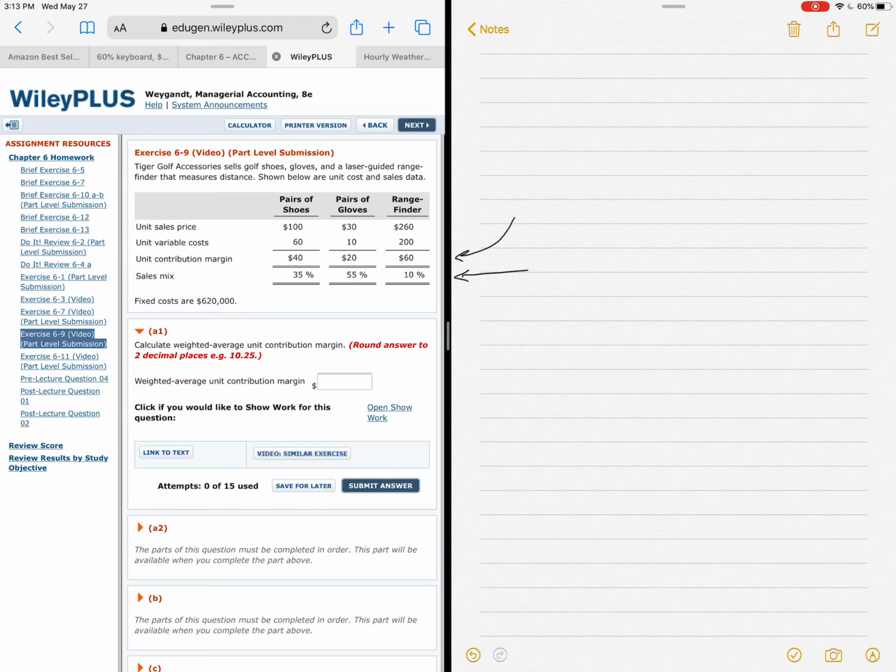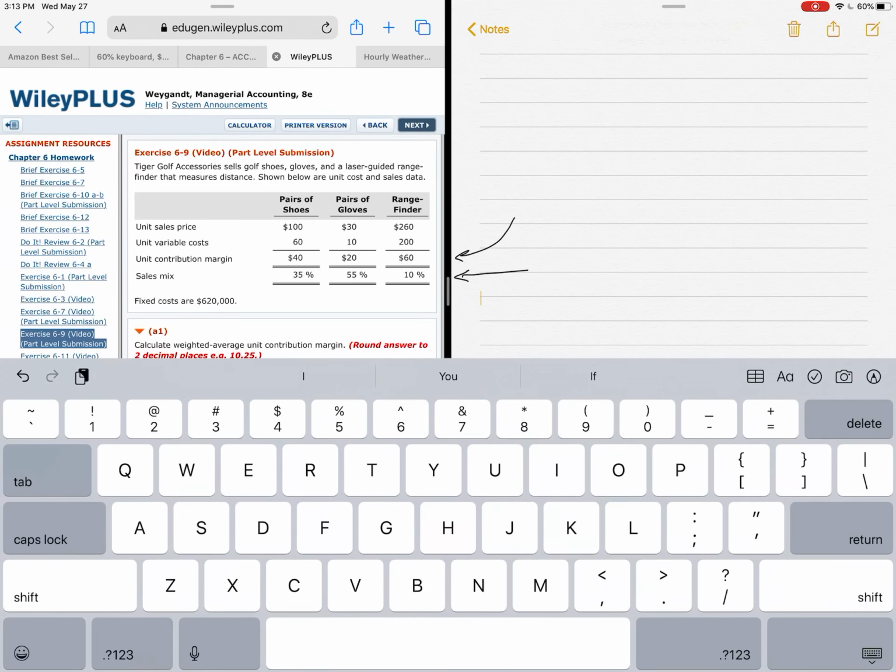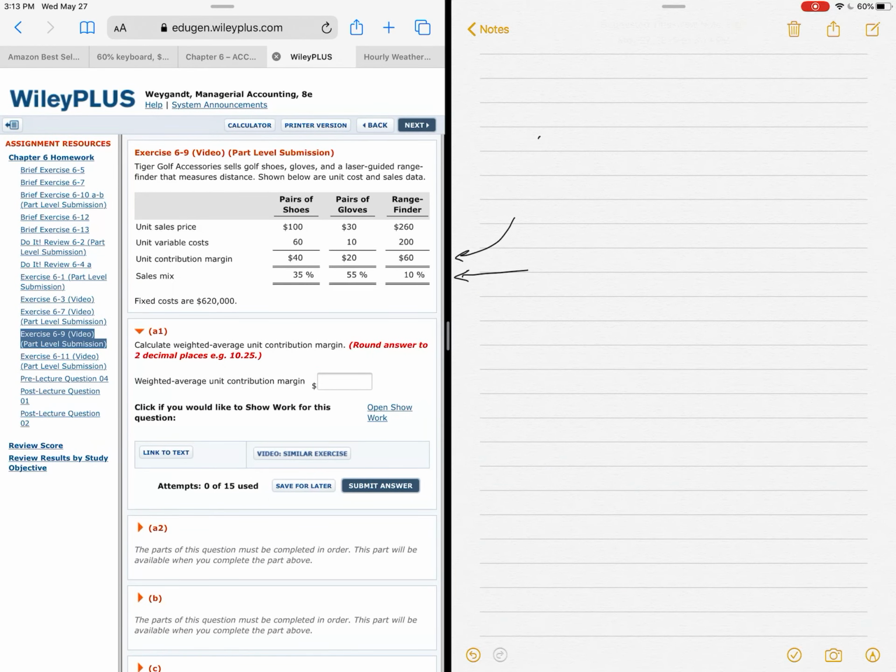We're going to take each product's contribution margin and multiply it by our sales mix for each product.